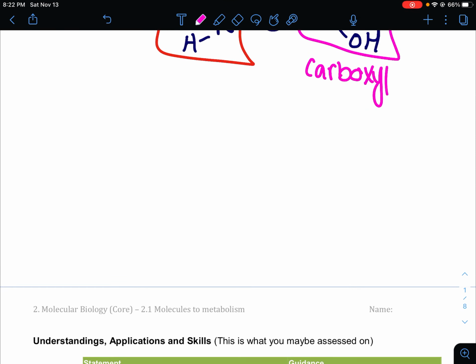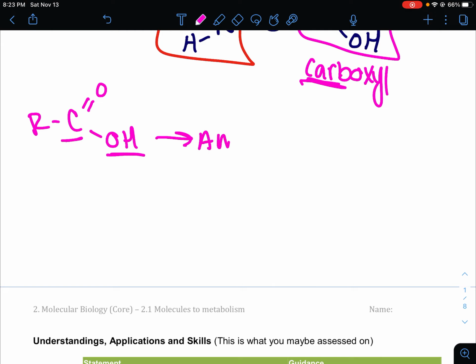So we have the carboxyl group, which is R connected to carbon, double bonded to O, and then OH. So you have the carbon of the carboxyl, and then just like hydroxyl, you have the OH. These are found in your amino acids, but they are also found in lipids.